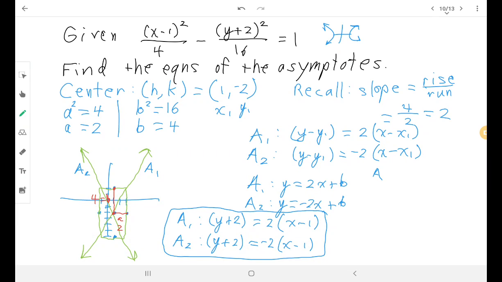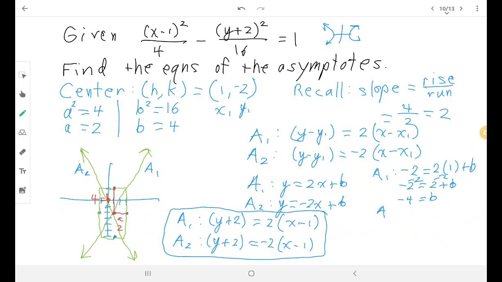So we'll just plug in the center, right? -2, that's the y, equals 2 times x, which is 1, plus b, so that's -2 equals 2 plus b, subtract 2 on both sides, -2 and -2 is -4, equals b.